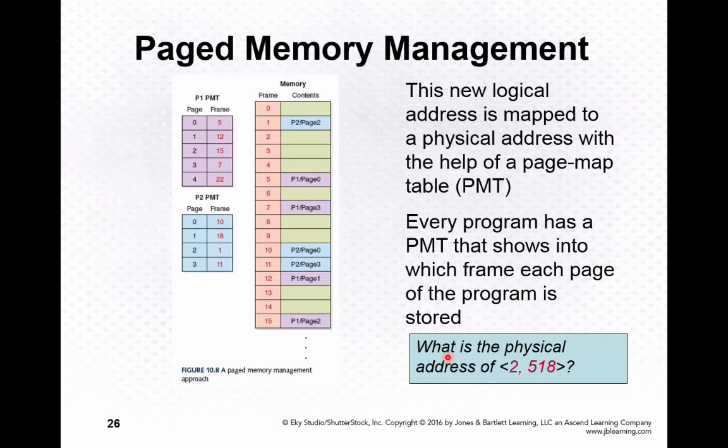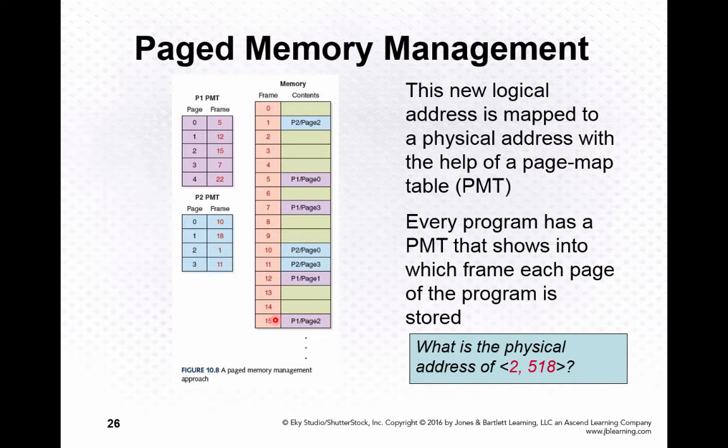Well, that new logical address gets mapped into physical memory, because we look at page 2 and we see that page 2 is in memory frame 15. So that's going to be 15 kilobytes down. And for that, I'll just do the math. Hang on a second, get my calculator out, because I don't want to do it in my head.